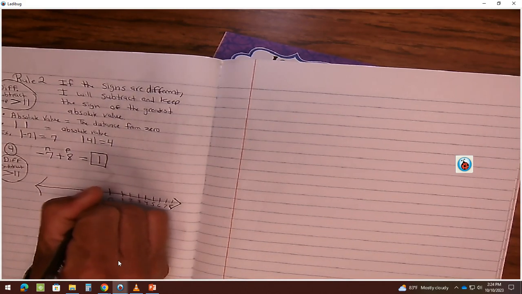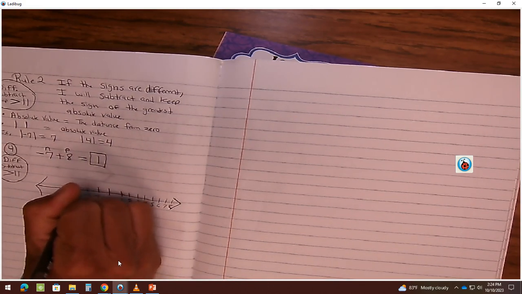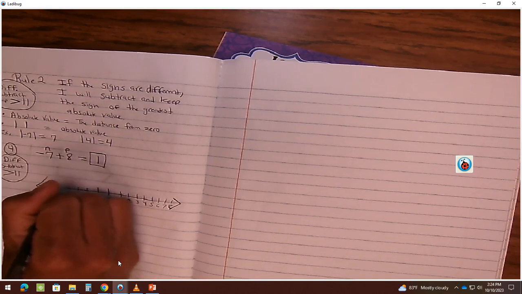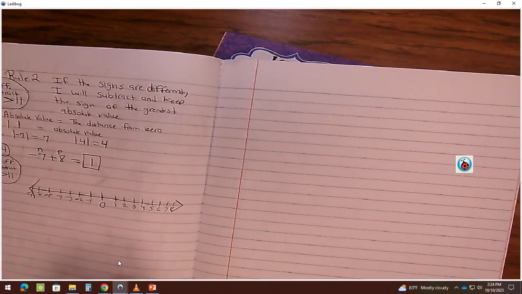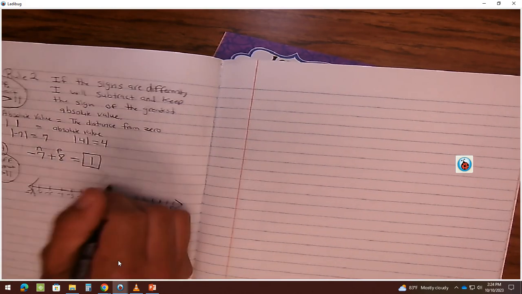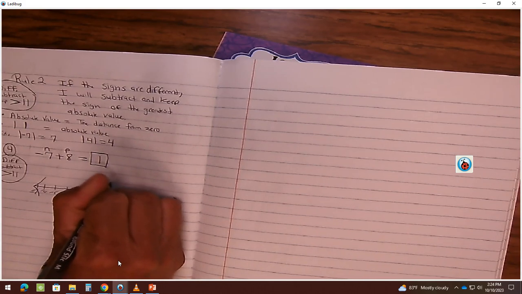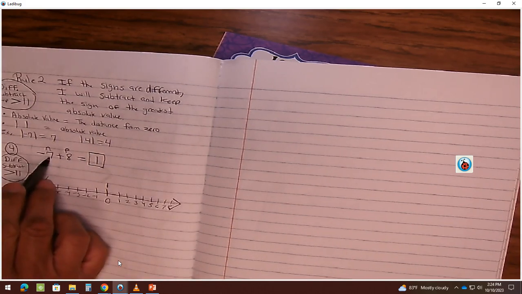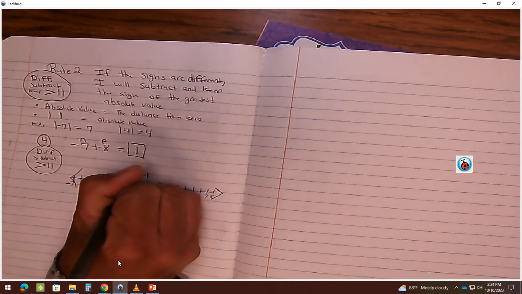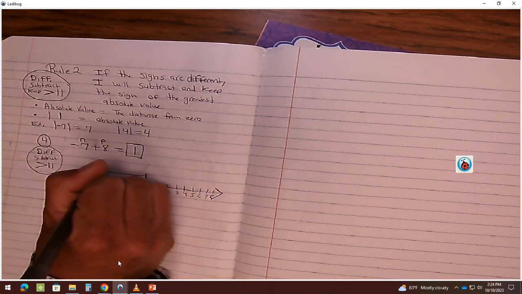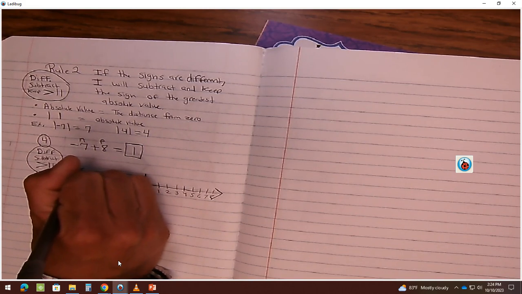And then negative 1, negative 2, negative 3, negative 4, negative 5, negative 6, negative 7. Okay? Now to prove it on the number line, we begin at 0. And here's what happens. We lost 7, so we're going to lose 7. 1, 2, 3, 4, 5, 6, 7.